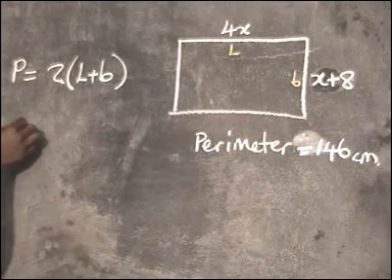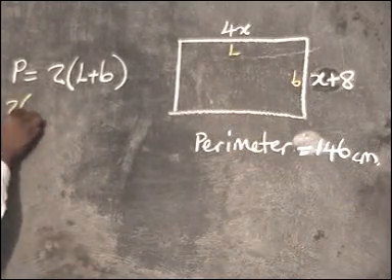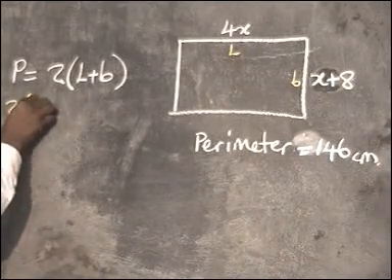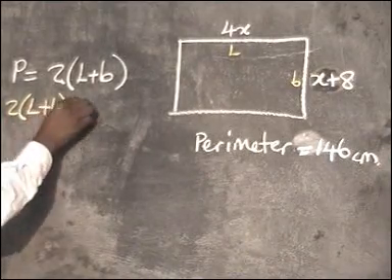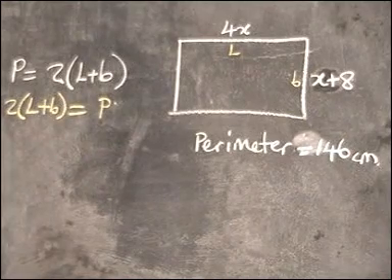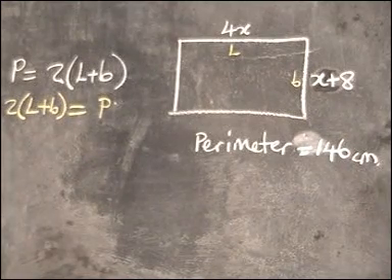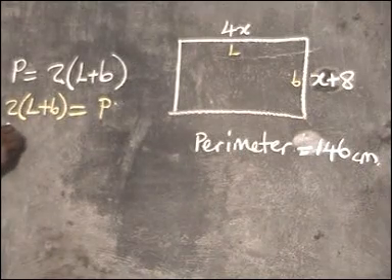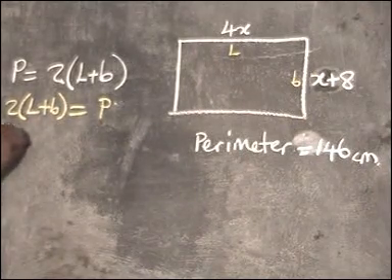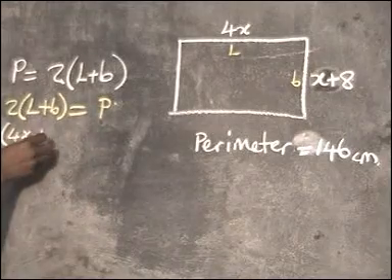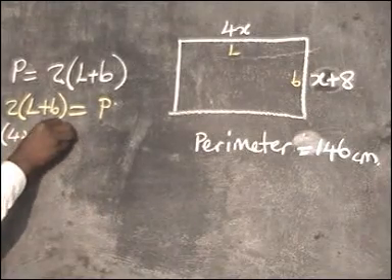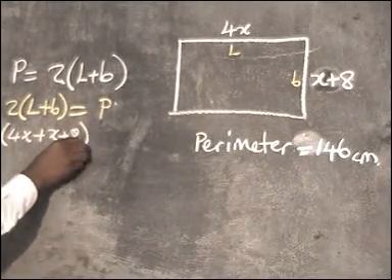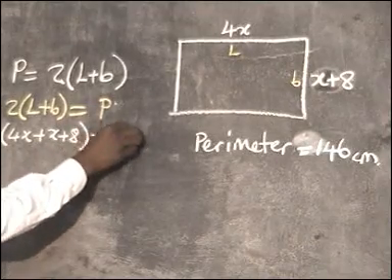So the formula is 2 times L plus B equals perimeter. Since the perimeter is known to be 146, what you need to do is to substitute. So this is 2 outside the brackets, the length is 4x, then plus B, this is x plus 8 in brackets, and this is equals to 146.